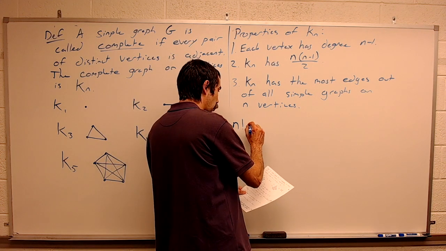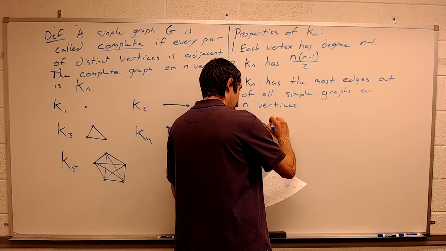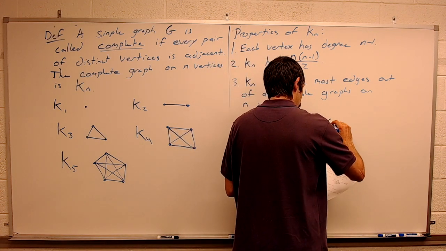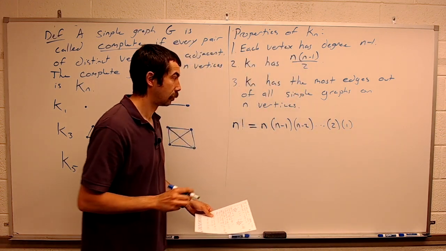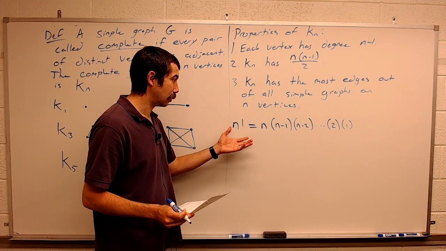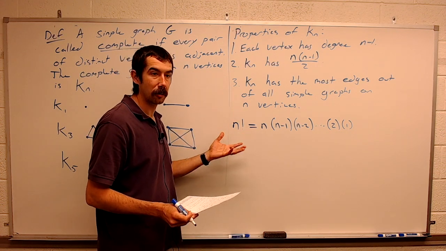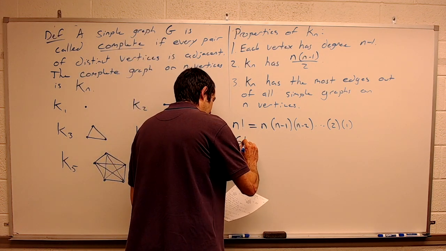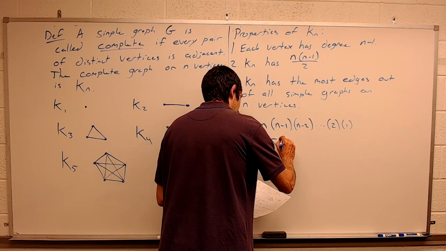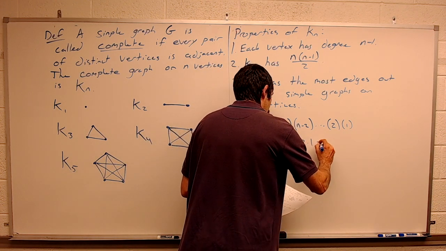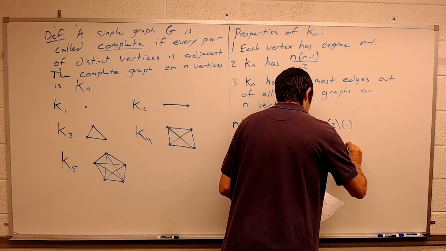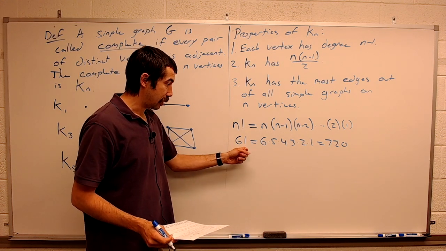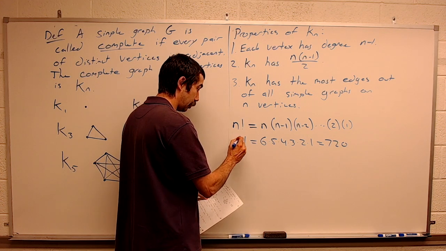So n factorial is n times n minus 1 times n minus 2, all the way down to times 2 and times 1. Okay, why do we need this? We're going to talk about the number of Hamiltonian cycles on a complete graph. But just so you have an example, 6 factorial is 6 times 5 times 4 times 3 times 2 times 1, which I believe is 720. So this exclamation point means factorial, and it's just this product.